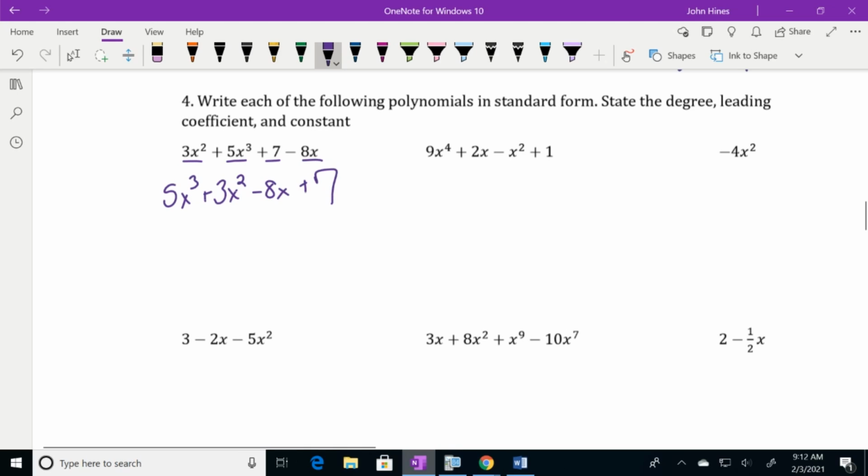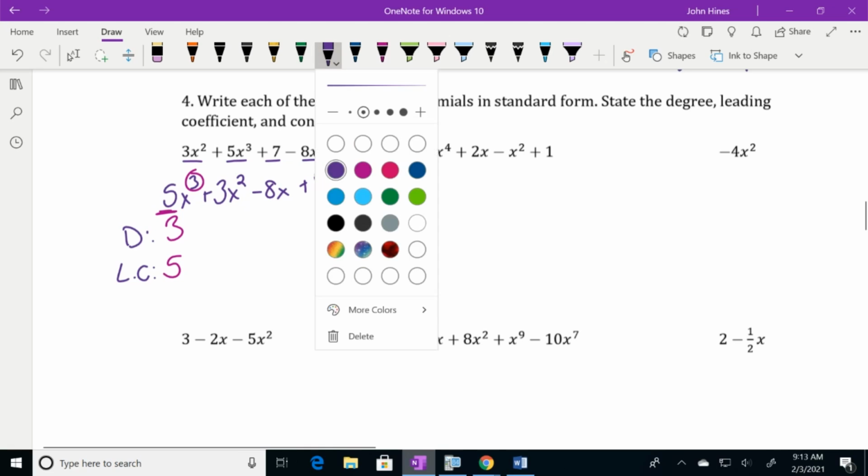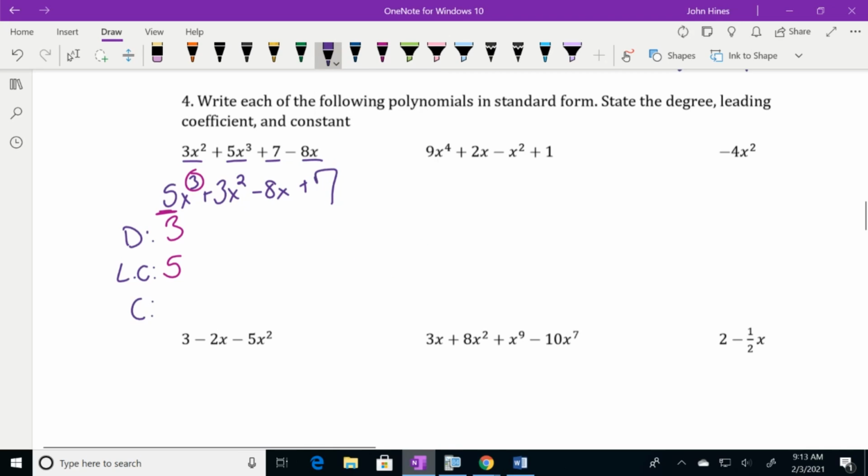So again, I went highest to lowest power. Degree, leading coefficient. Who's my degree? What's my highest power? My highest power is 3. My leading coefficient, who goes with that? 5. And my constant, the plain old number, 7. 7 is my constant term. It's the plain old number. That's all we're doing here is working with these polynomials.